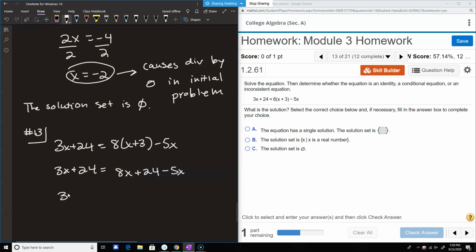And then lo and behold, 3x plus 24 is equal to 3x plus 24. Well, you're doing the same thing to x on both sides, so it doesn't matter what number you plug in for x, you're always going to get those two sides equal. If you plug in 0, you end up with 24 equals 24. If you plug in 1, you end up with 27 equals 27. No matter what number you plug in for x, you're always going to get equality. So basically, x is any real number. That's the solution set there. So B.